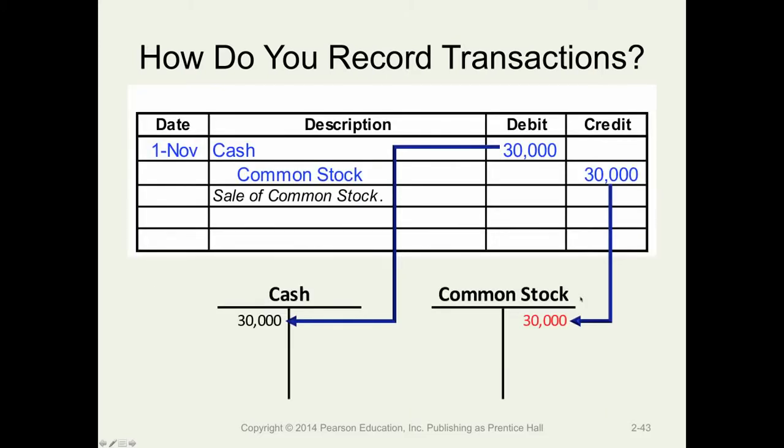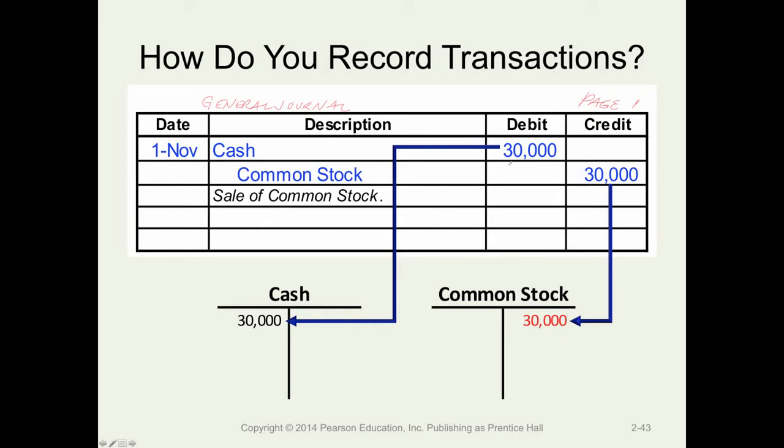So again, if we had to set this up and label it properly, this is the general journal. And again, there could be a page number here. Say it's page 1. The process of recording the journal entry is journalizing.